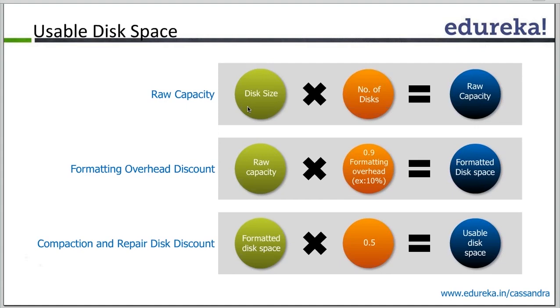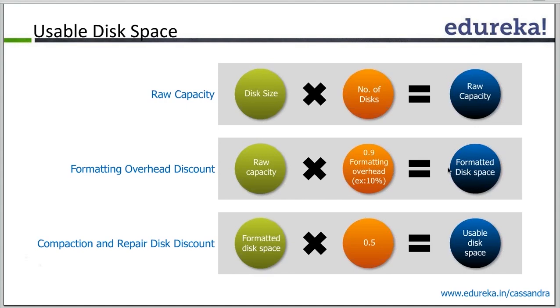Now assuming you start with 1 TB as the raw capacity, because of the 10% gone, you're talking about almost 900 GB at the formatted disk space level. Out of 900 GB, only 50% is actually usable for the application, which means that if you have a 1 TB disk, you plan only 450 GB for the application. The rest of the disk is used for overhead as well as all the compaction and repairs that could happen inside the system. So you should always plan for 45% of your actual raw disk space as your application space.